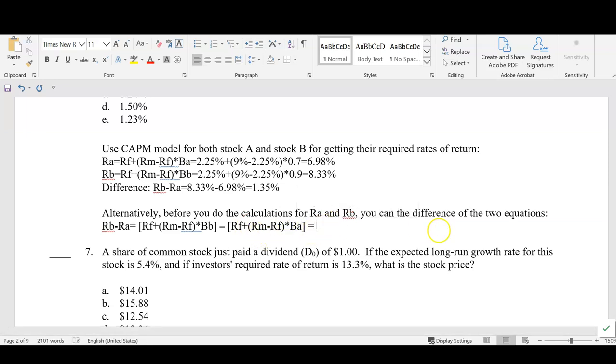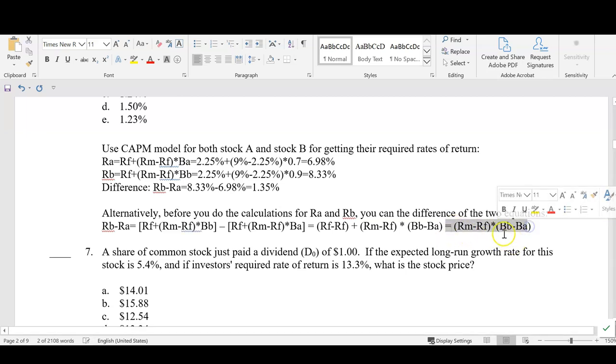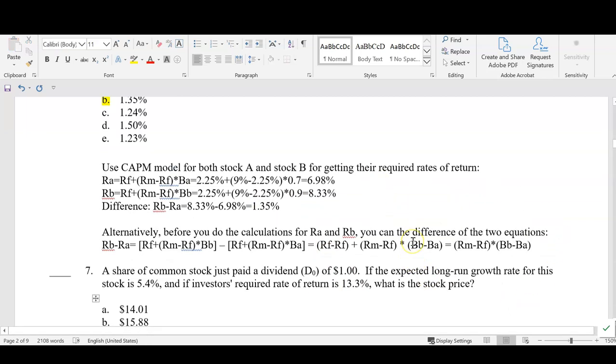So this equation becomes RF minus RF plus RM minus RF multiplied by beta of B minus beta of A. So this becomes RM minus RF multiplied by beta B minus beta A. Then you can plug numbers in to calculate this. It should also be 1.35%. Either way works.